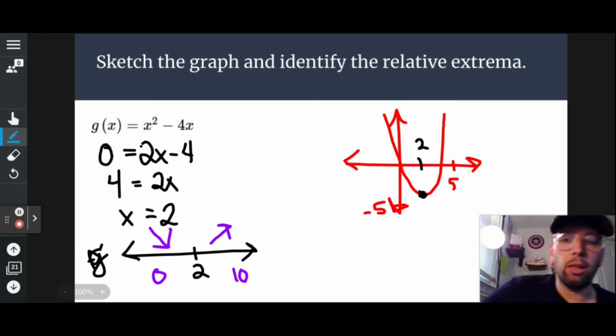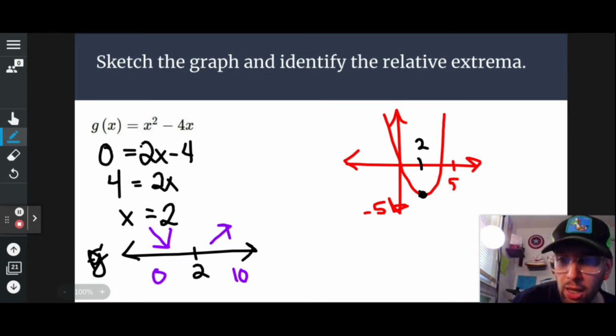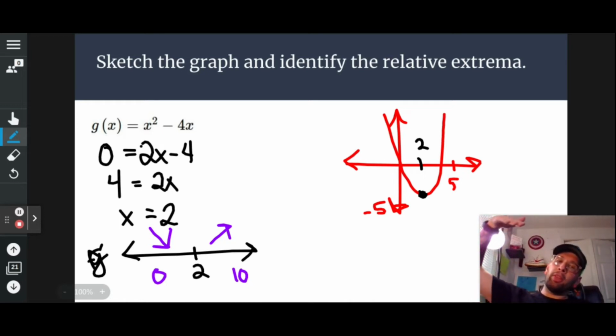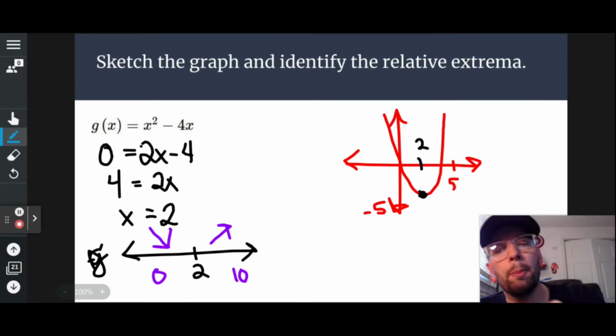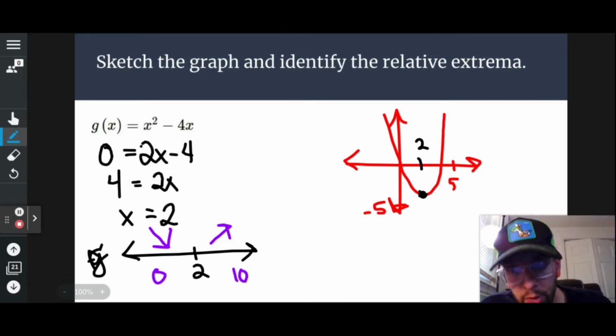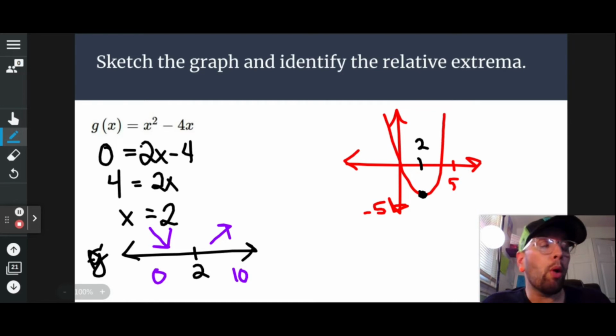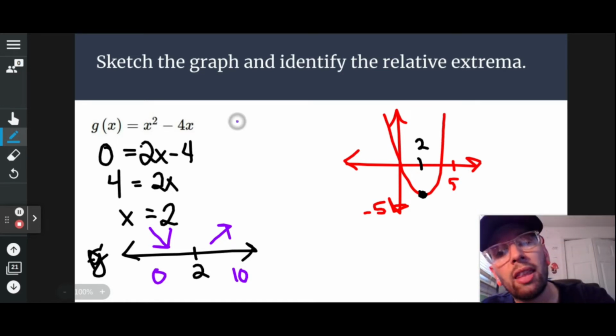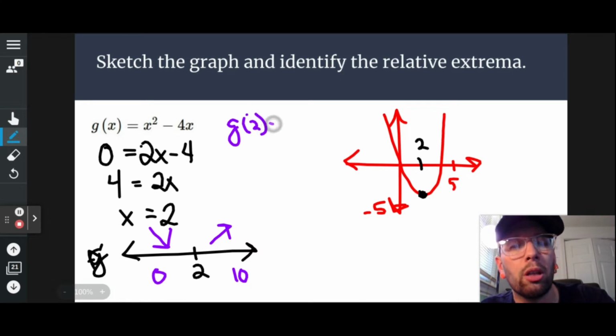So it's increasing. So what this means is if I have something that goes from decreasing to increasing, the moment of that change, that critical point is going to be a relative minimum. So I have a relative minimum at 2. Now, if I want to find the exact point, which I'm going to do, I'm going to take that critical point of 2 and plug it into the original equation.